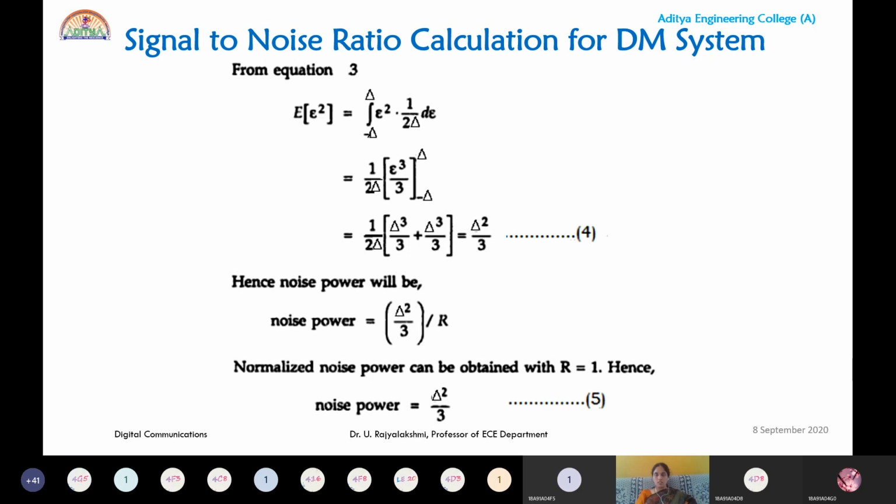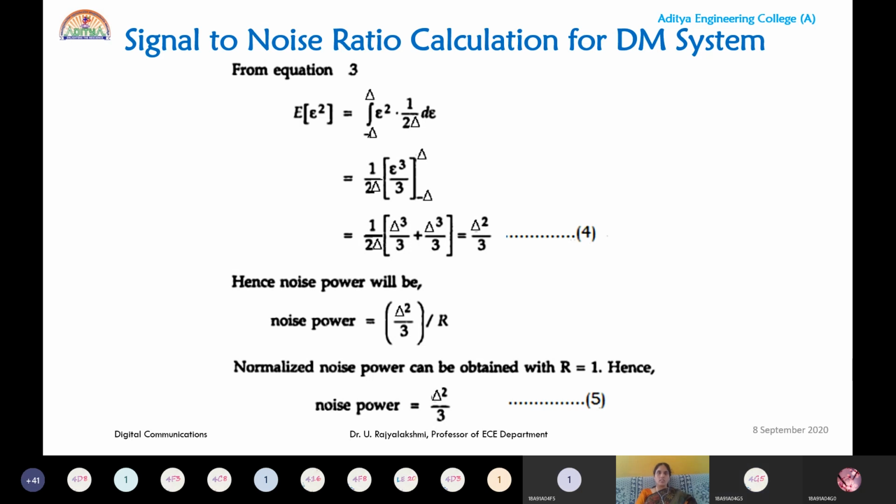E square x, ma'am. What is the integration of E square dE? E square dE, or you can say x square dx. What is the integration? E cube by 3. Yes, E cube by 3.